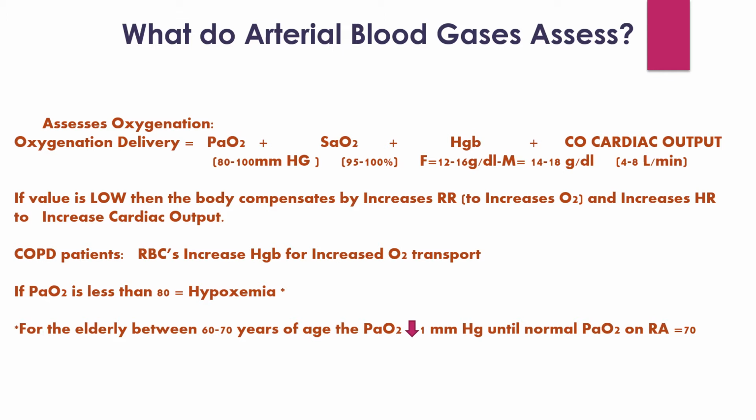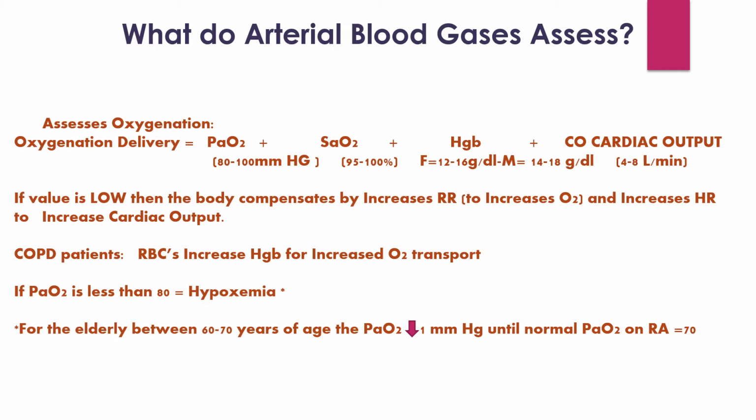Anytime something is out of range in these numbers, our body is going to compensate. It can compensate by increasing respiration to increase oxygen, and it can increase the heart rate to increase cardiac output. COPD patients also will increase their red blood cells, which will increase their hemoglobin, because they need increased oxygen transport.